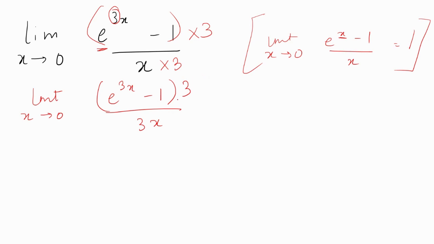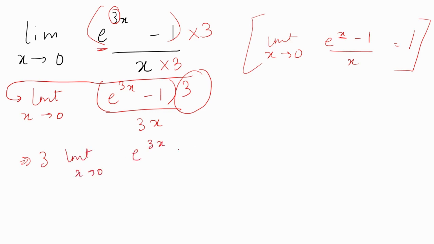Always remember that if I am multiplying something by a constant, I can bring this outside the limit. So I can write this as 3 times limit x tends to 0, e to the power 3x minus 1 by 3x. Again, what I did, I multiplied the denominator and numerator by 3.